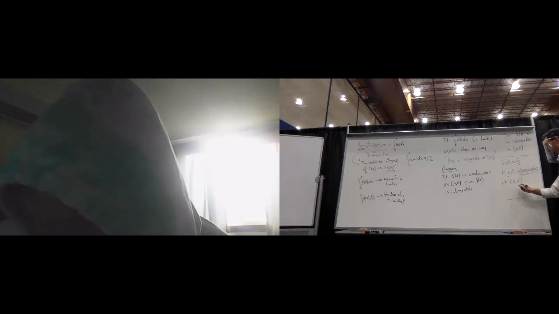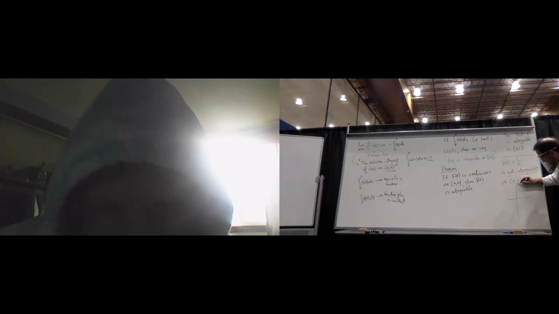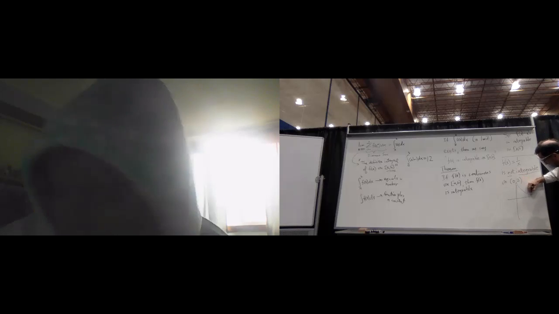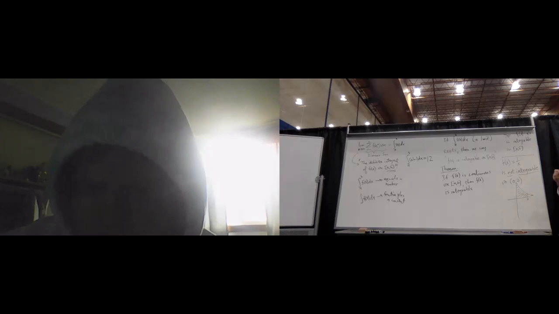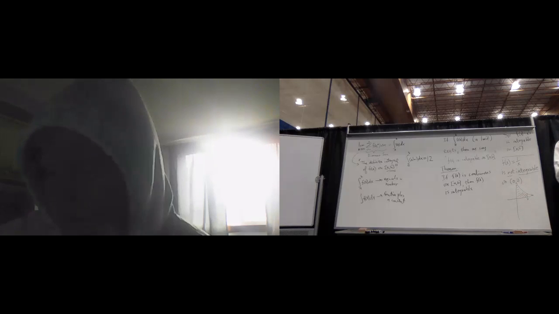Think about it. The function has a vertical asymptote, right? It's that hyperbola. We're going to go up to 2. So you can see the area is unbounded. It goes on forever, which in and of itself does not violate integrability. But this particular function, it does. You see the problem?